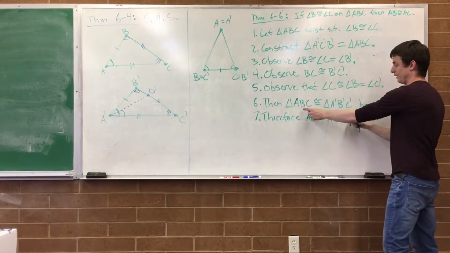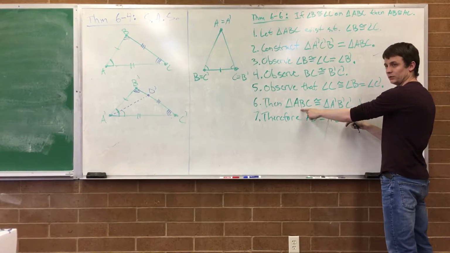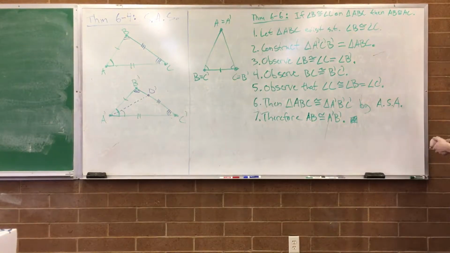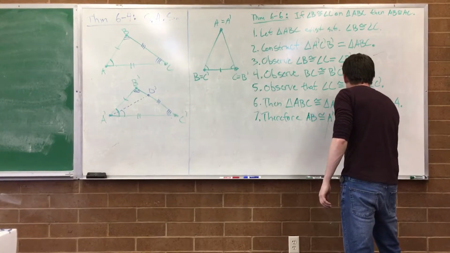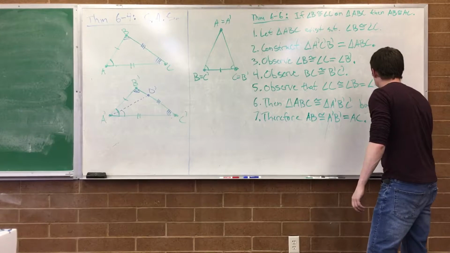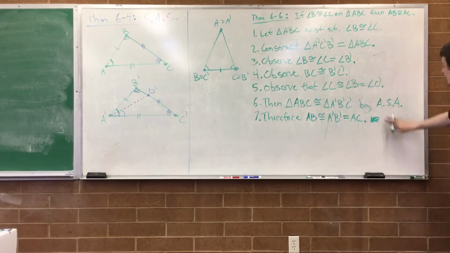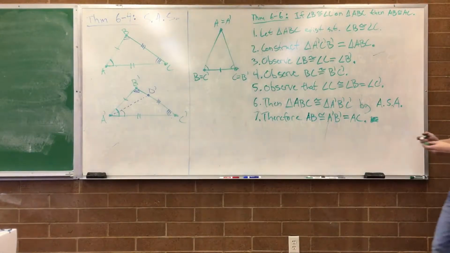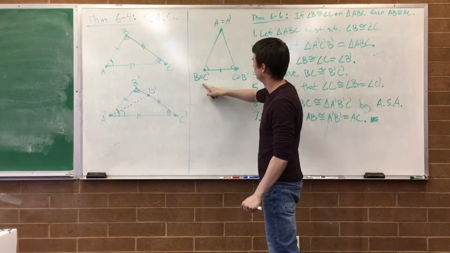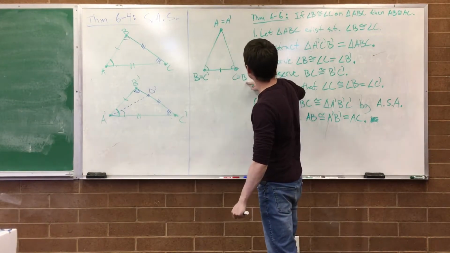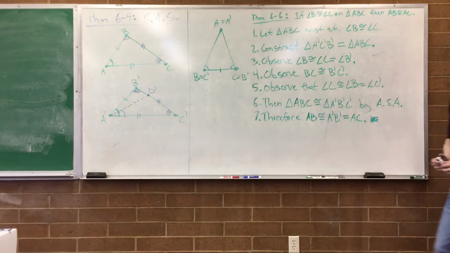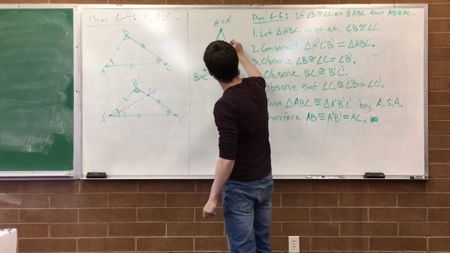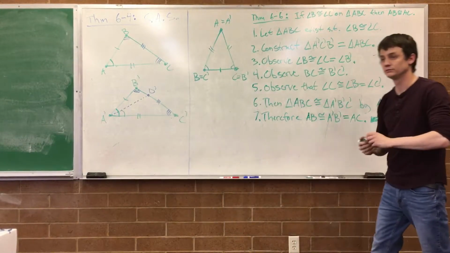This does not tell us that AB is congruent to A prime, C prime. That's what you're trying to get. Yeah. A prime, B prime, and AC are the same thing. Same segment. So that gives us that side is equal to that side.